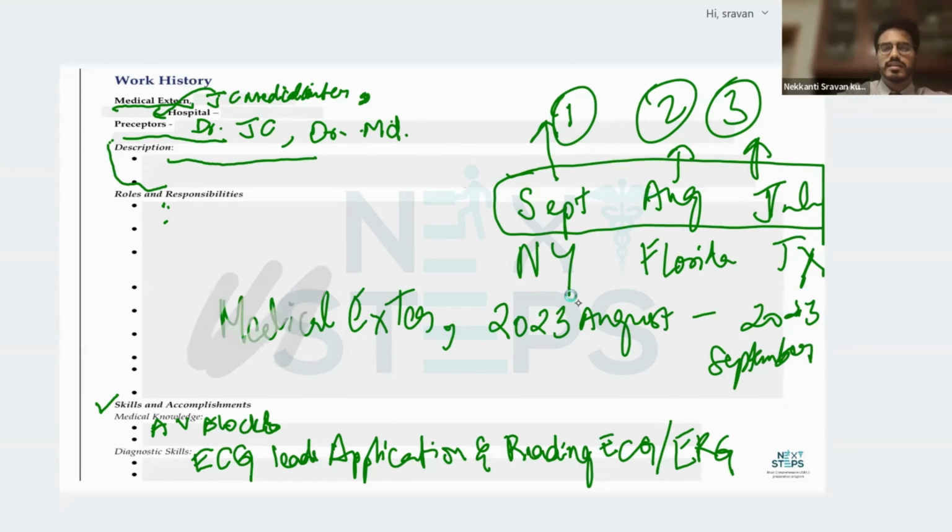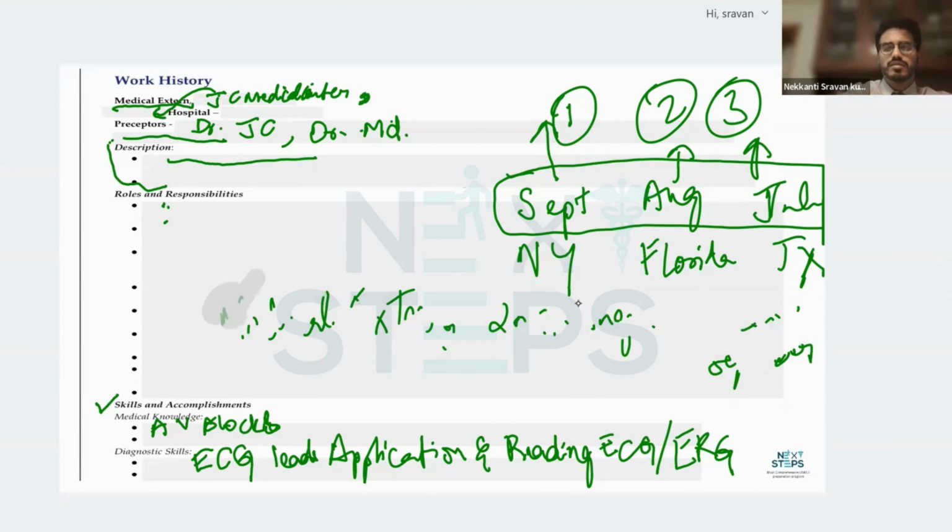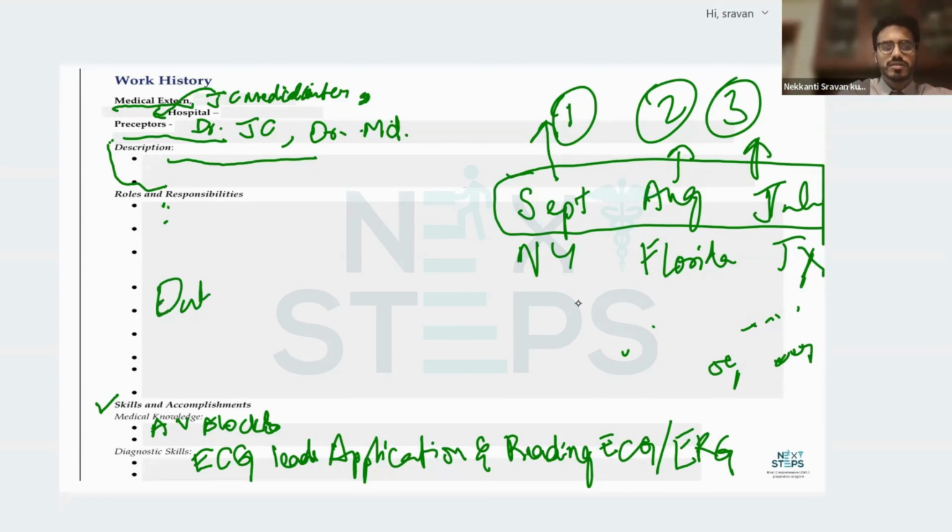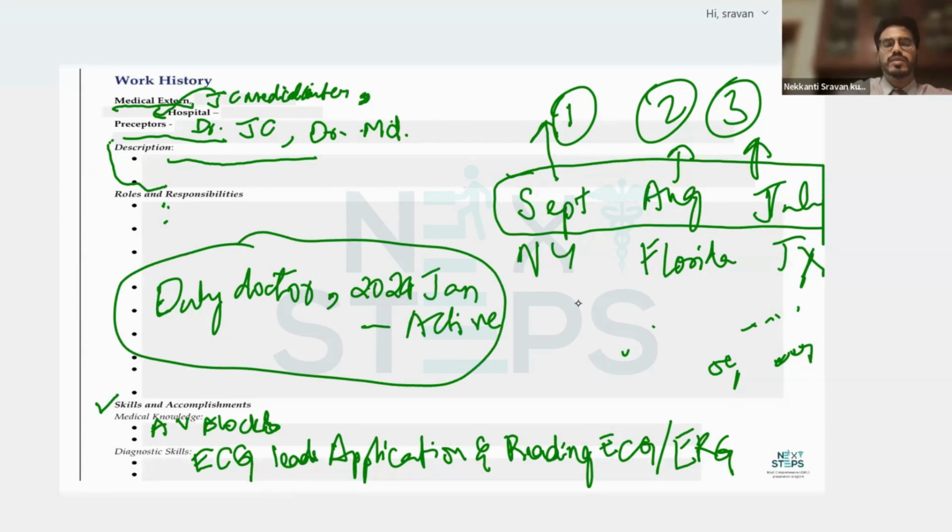Suppose again, if you are writing duty doctor, and if you're currently working there, I would like you to put something like this: duty doctor, 2024 Jan to active. Something like this should be there over here.